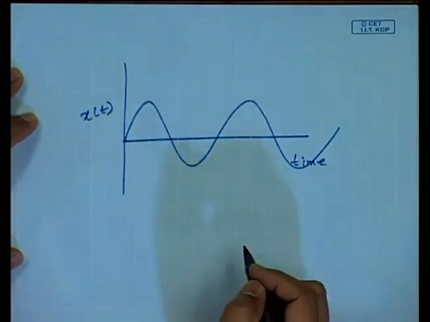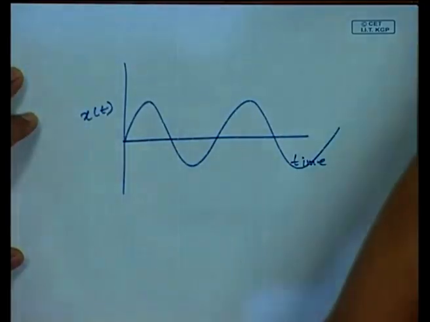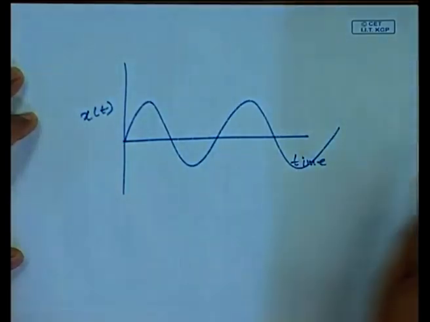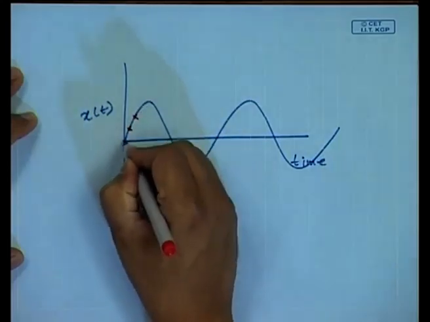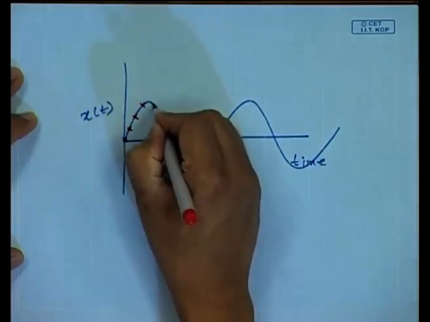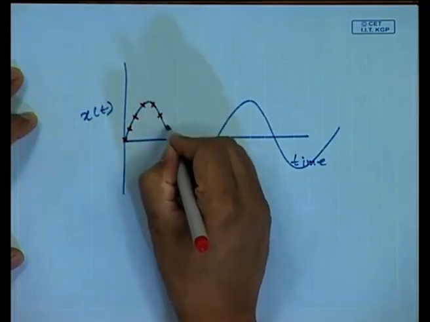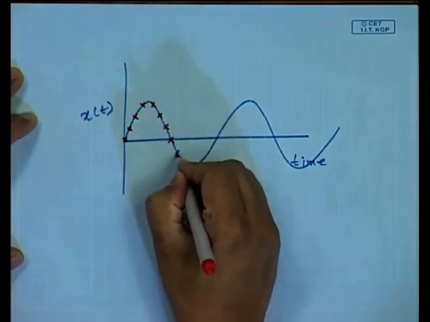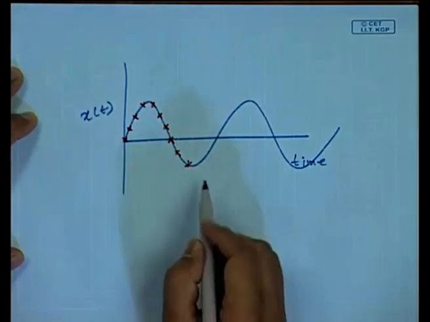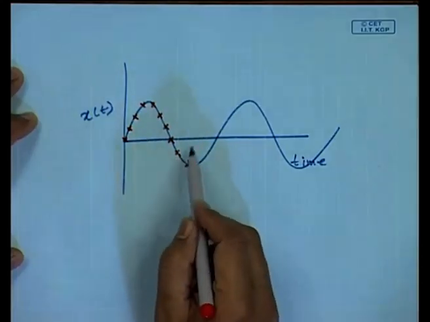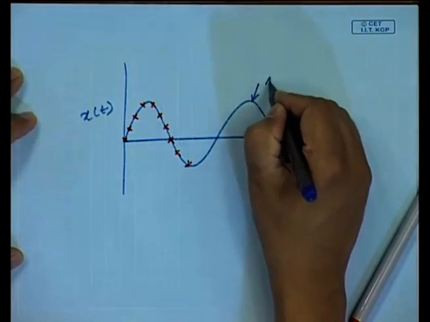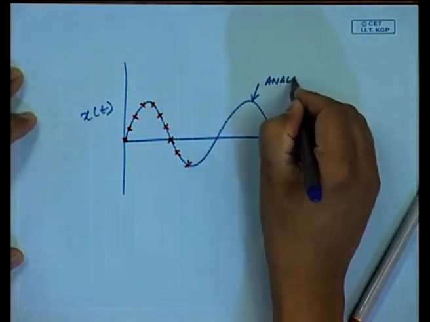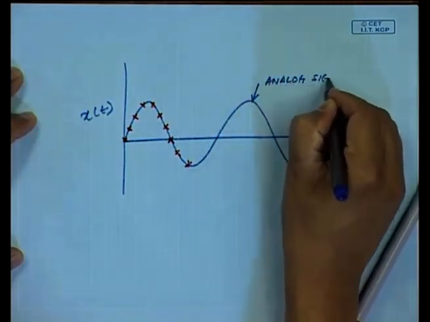The objective is, like you plot a graph in Excel, etc. Suppose I sample these points marked in red, and so on. And if I join these red points, I will get back my original analog signal, right.